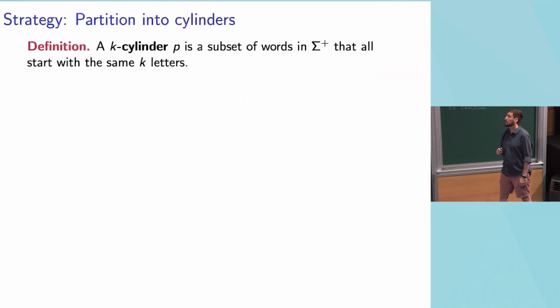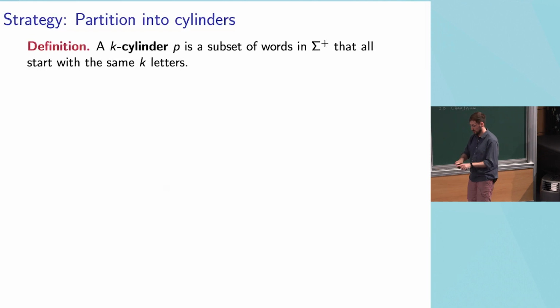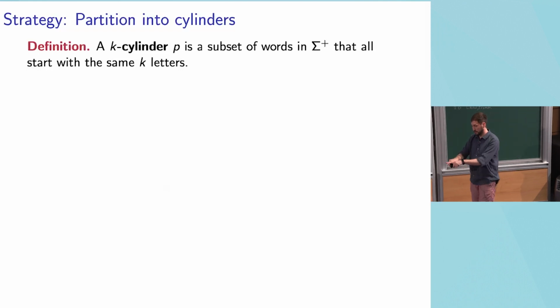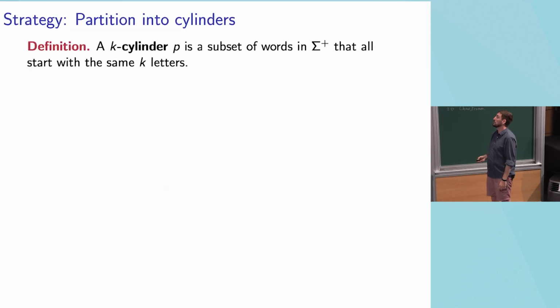So what sets are we going to look at? A k-cylinder is: I have words that all start with the same first k letters and then they are different. I call that a k-cylinder.